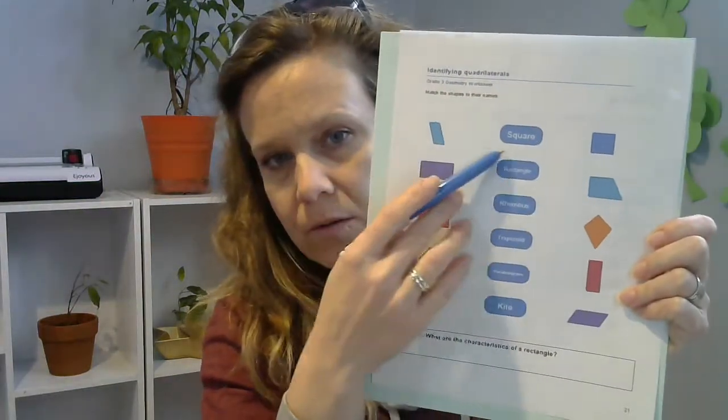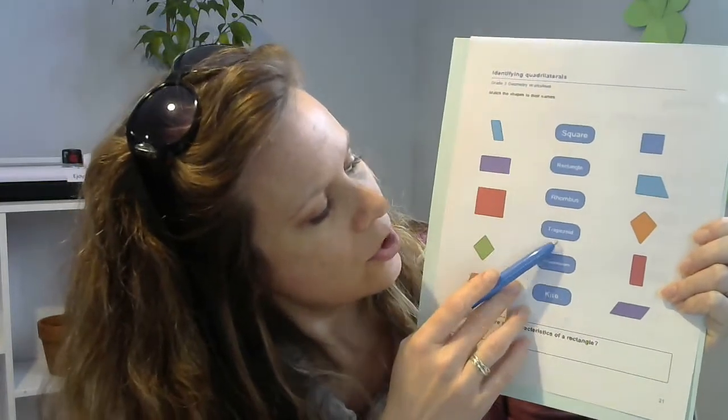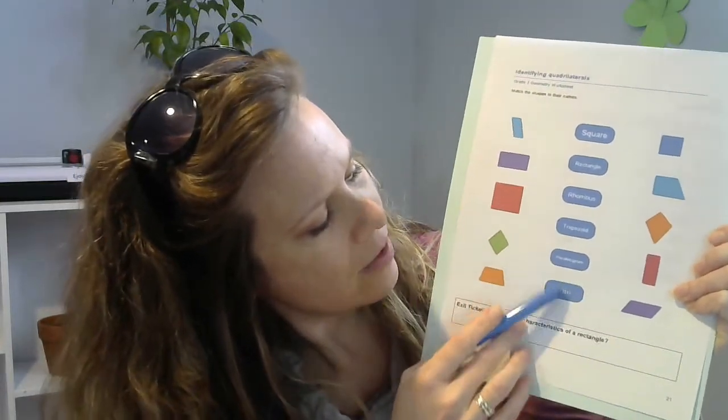This next page says identifying quadrilaterals, and it is asking you to match the names to the shapes. These shapes are right here in the middle: square, rectangle, rhombus, trapezoid, parallelogram, and kite.